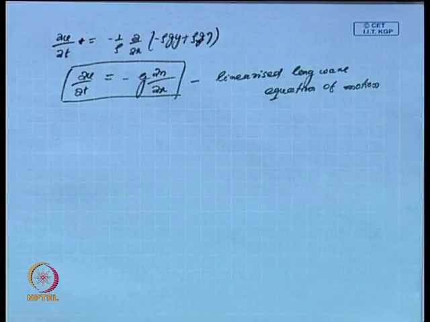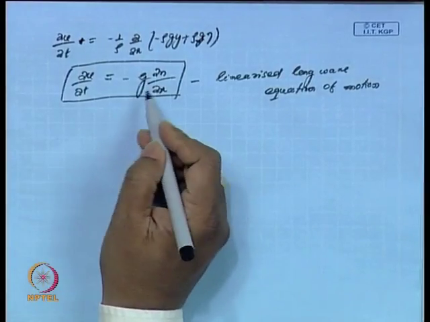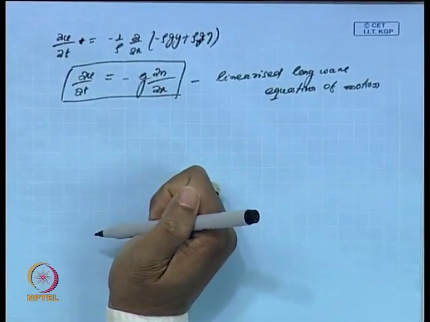Now, again if we go back, another thing we will see is that eta is a function of x and t.